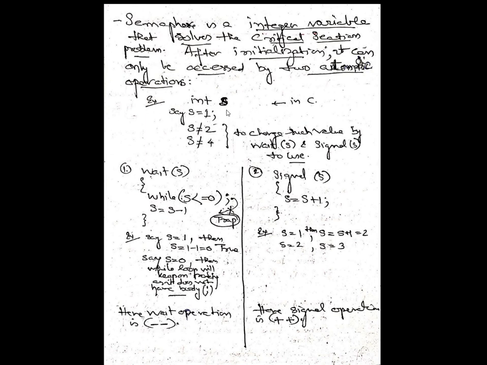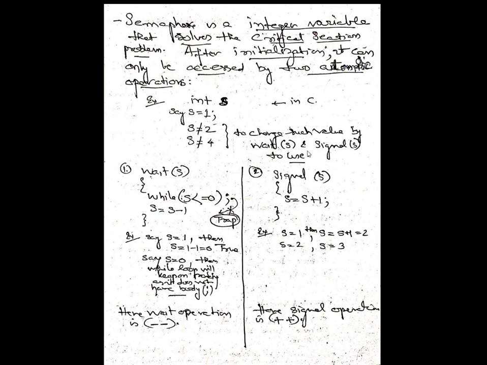What I mean to say is that s equal to 1, 2, 4 are nothing but an integer variable. Based on this integer flag representation, automatically the process will understand which process has to enter and when, based on the two factors, wait and signal. These two things we have already discussed.